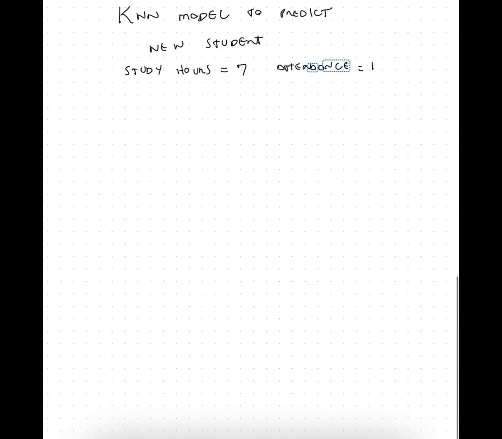So, what is KNN? KNN is a non-parametric, instance-based learning algorithm used for both classification and regression.